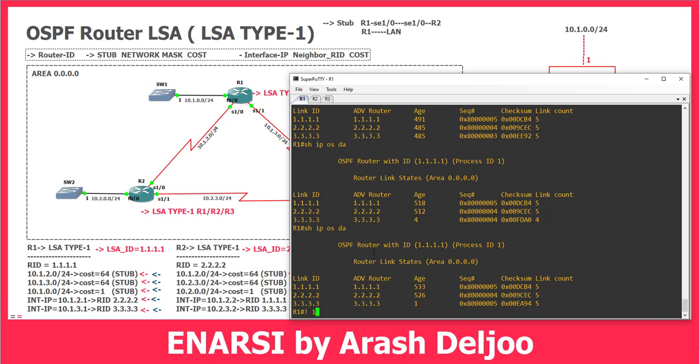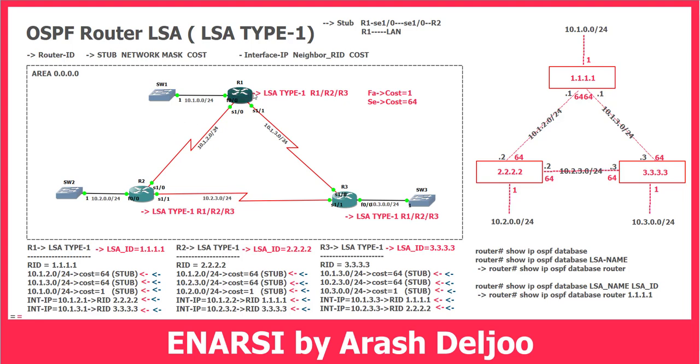Every 1800 seconds, meaning every 30 minutes, each router should create its link state again and send it to other routers. Assume that now R1 sent its LSA type 1 to router 2 and router 3.